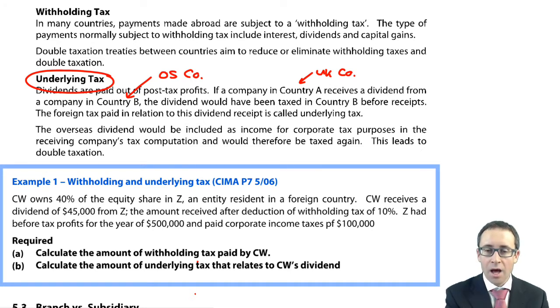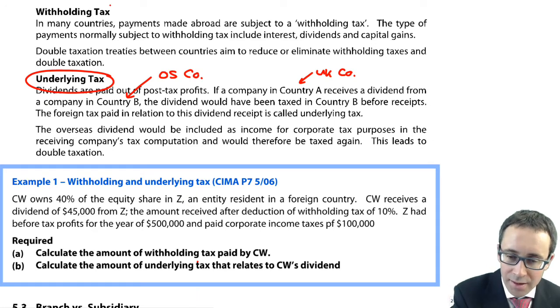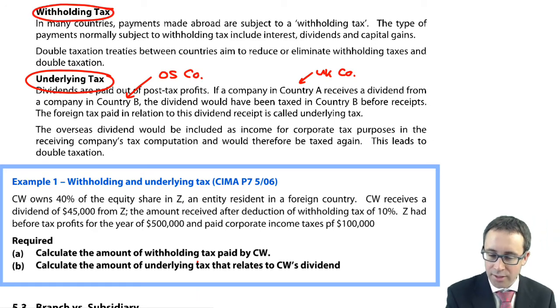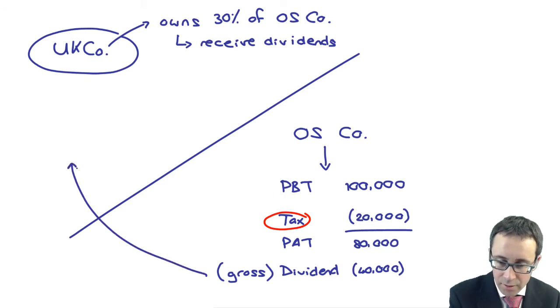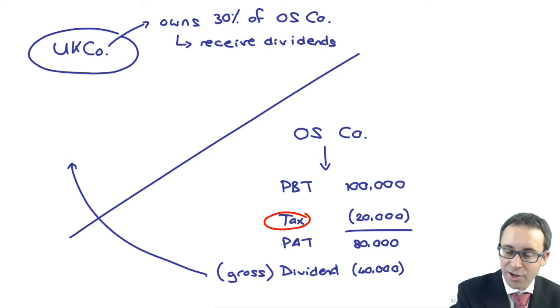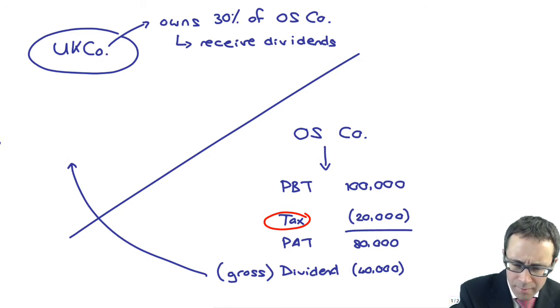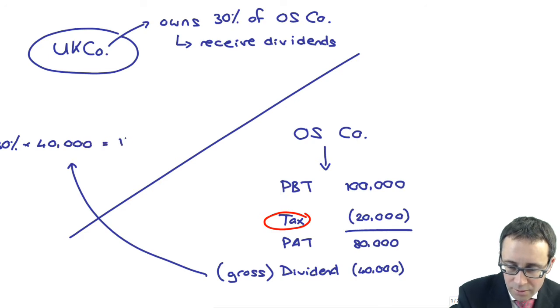Okay. In terms of your withholding tax, that's like a border tax, and it's trying to prevent your dividends going overseas, because of that gross dividend, what happens as it crosses the border. The amount of dividend that the UK company receives is 30% of that 40,000. So is that there at 12,000?